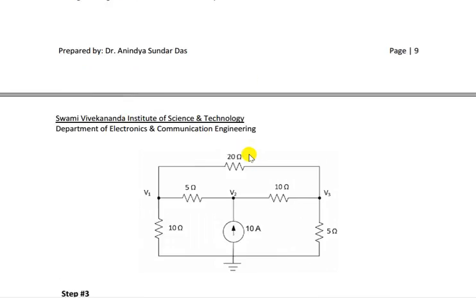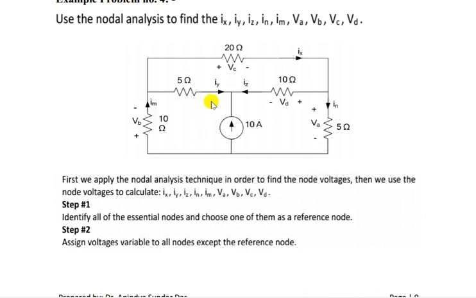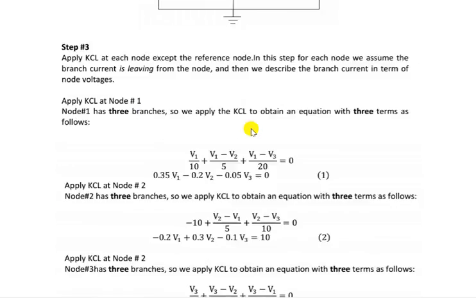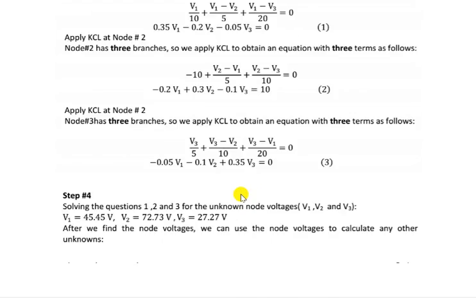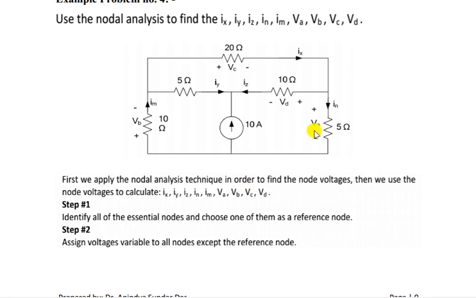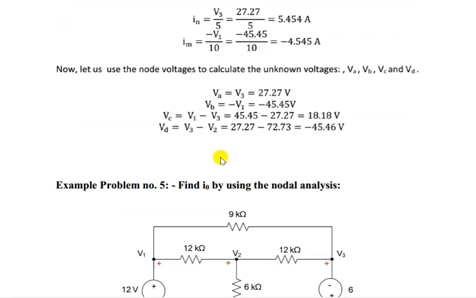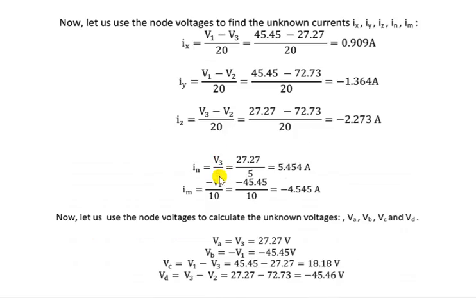Iy is this one, so it is V1 minus V2 divided by 5. Iz is V3 minus V2 divided by 10. Now In is V3 minus 0 divided by 5, so V3 by 5.